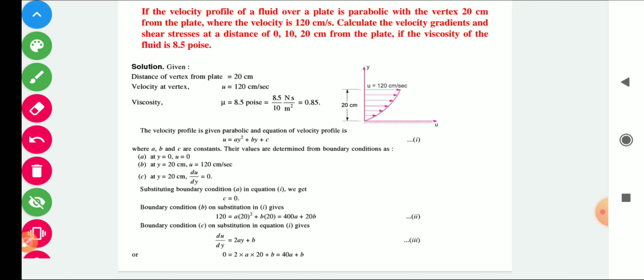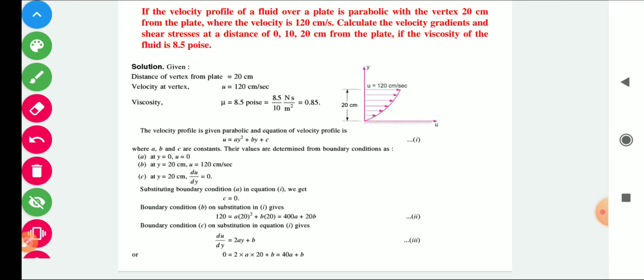Now the velocity profile is parabolic, and the equation of a parabolic velocity profile will be u equal to ay square plus by plus c. In this equation, a, b and c are constants. Now to solve for these constants a, b and c, we need three boundary conditions.